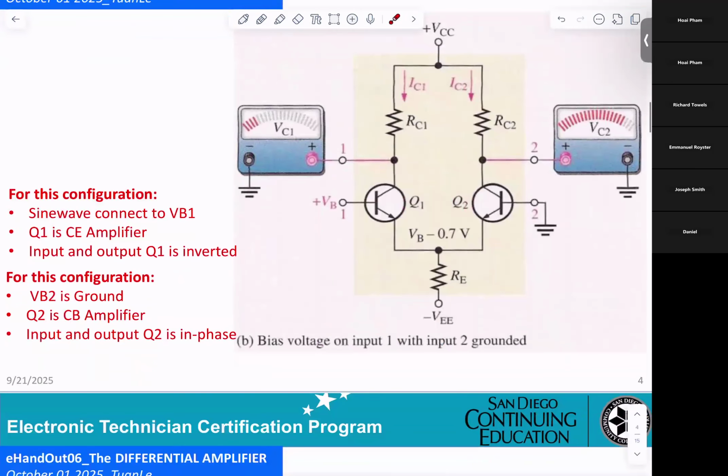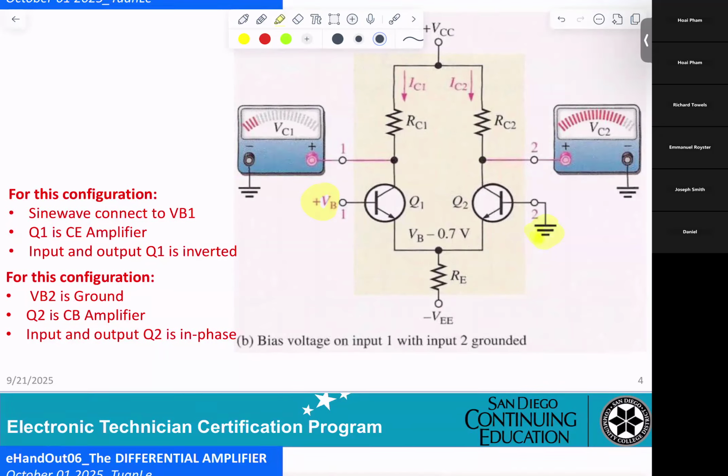Now, next one. They connect the signal to B1 and ground the other side, Q2.